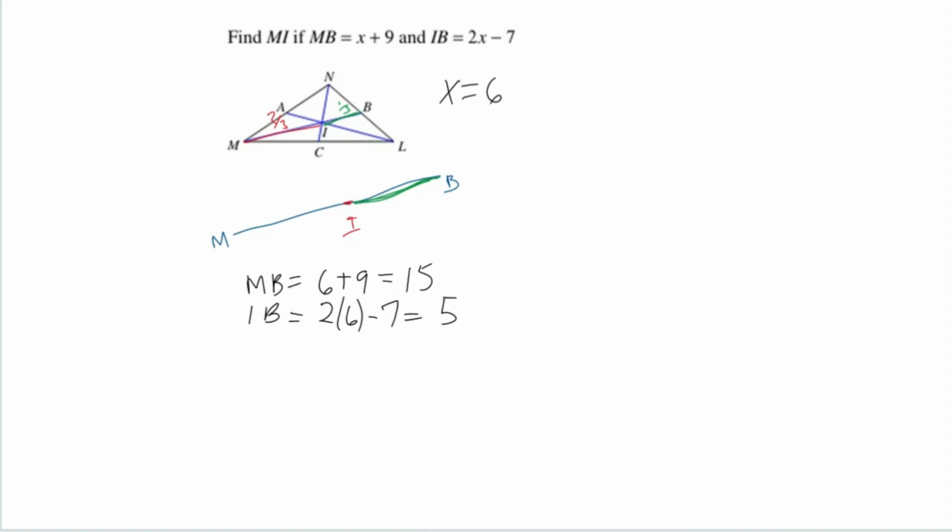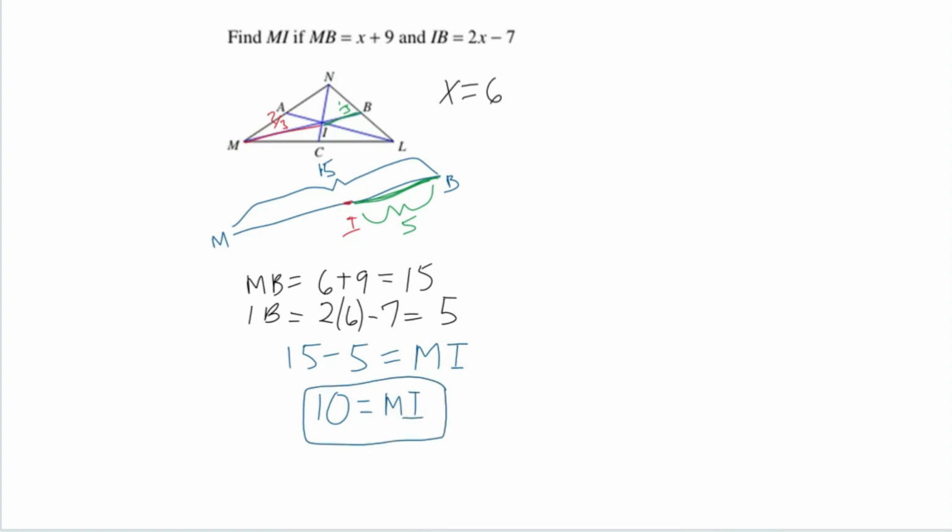So we have this is 5, and the whole line is equal to 15. We can do simple math, which says 15 minus the 5 is going to equal our portion of MI. So 10 is equal to the line segment portion MI.